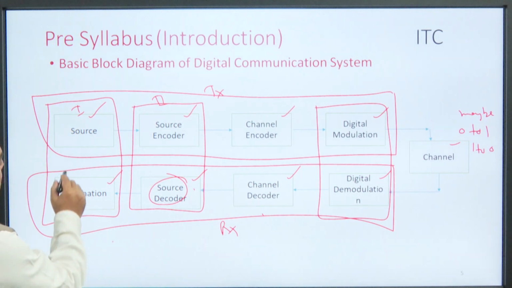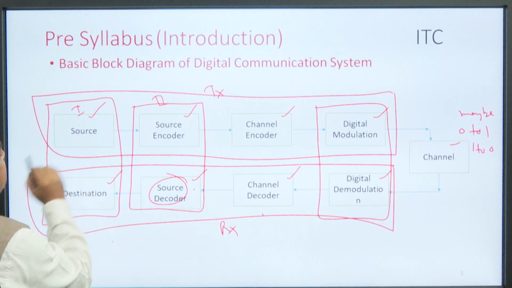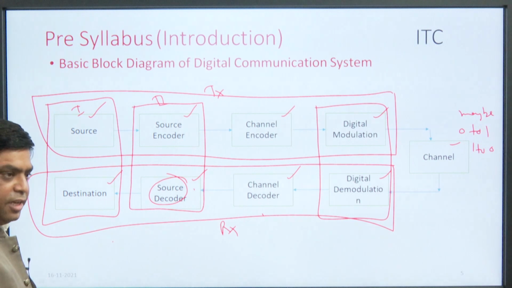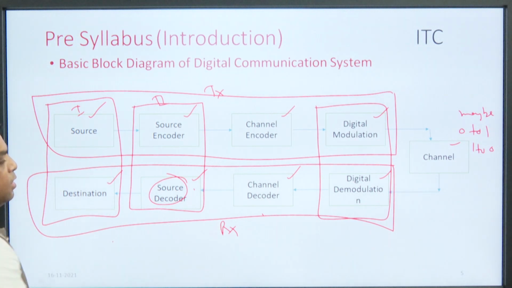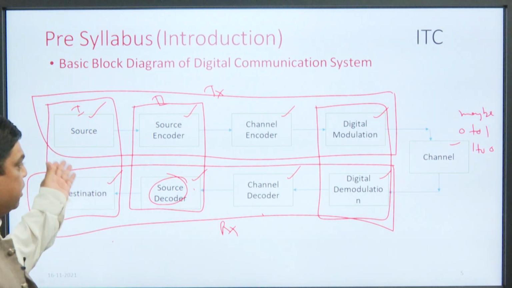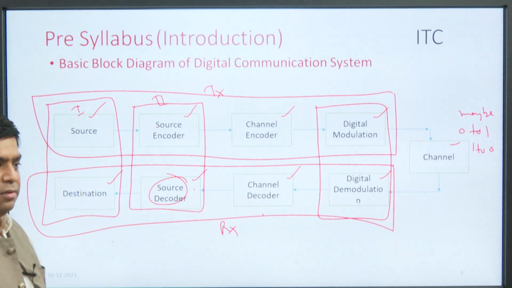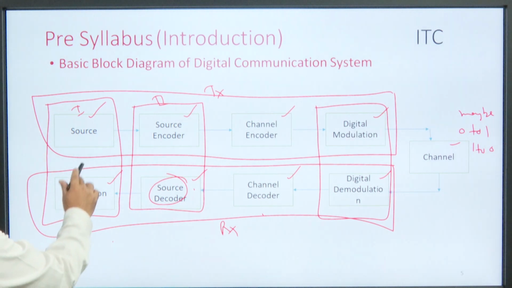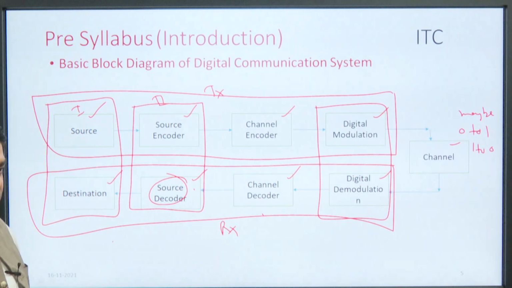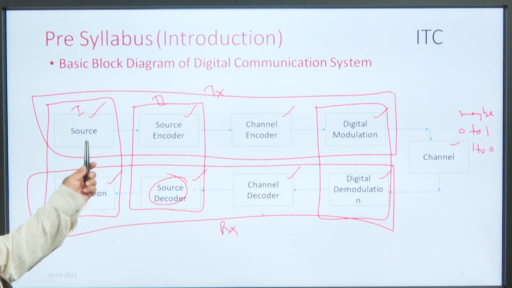Here the source may be analog or it may be discrete. That information from analog or discrete is converted into binary information, and the methods of conversion we will discuss here.